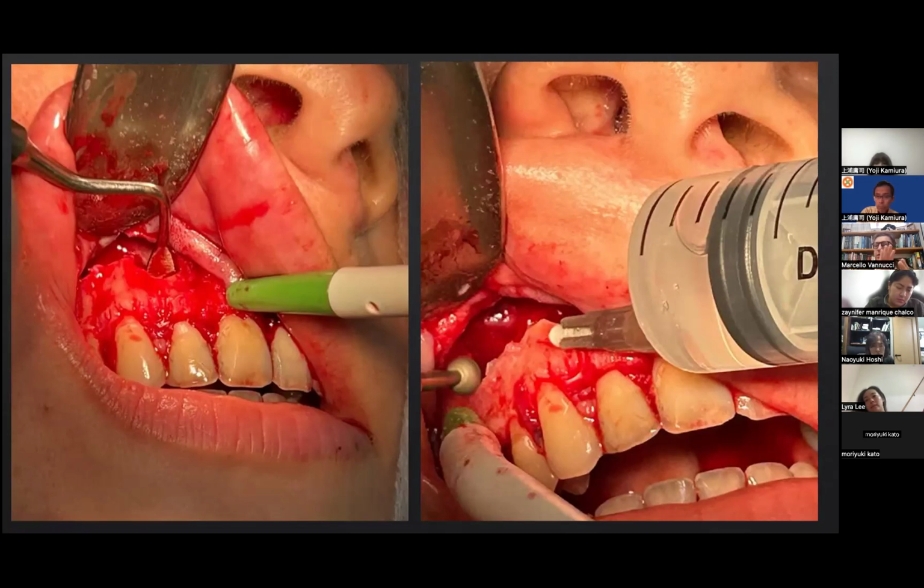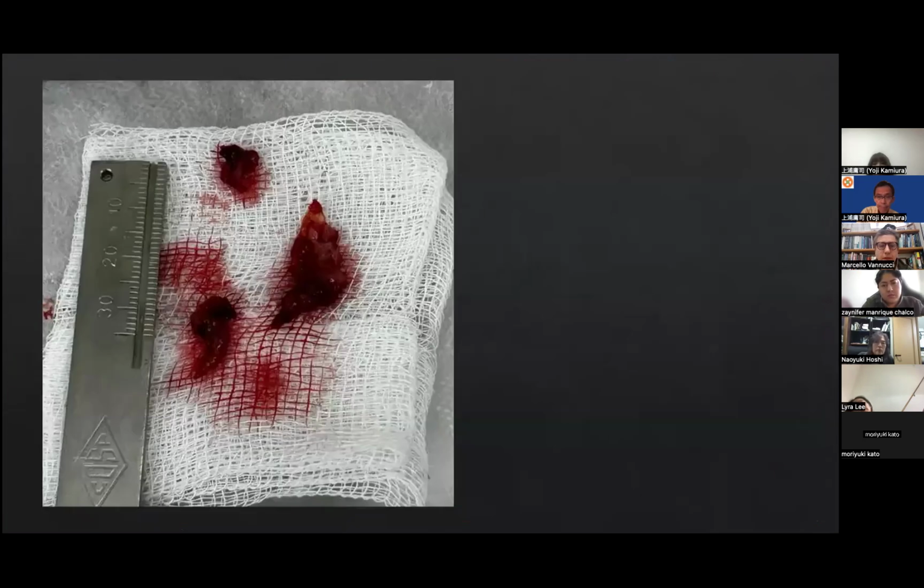So when you touch the palatine side with instruments, you see the movement of the palatine mucosa. So, as I suggested, remove all the mucosa and the lesion.